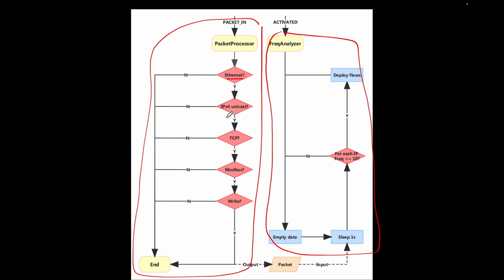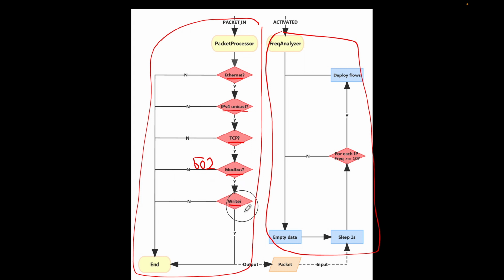Then, if it is an IPv4 unicast packet, we will select a TCP packet. And then we will decide if it is a Modbus packet. This is done by inspecting if it is targeting TCP port 502. In other words, if it is a request to the OpenPLC server.